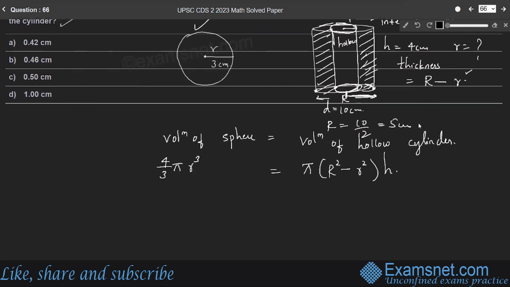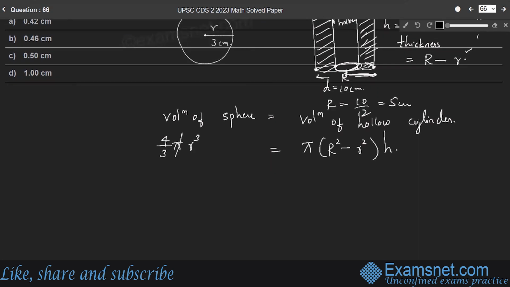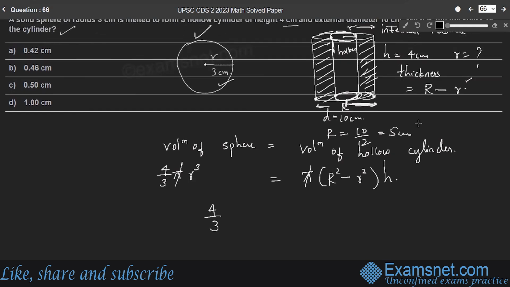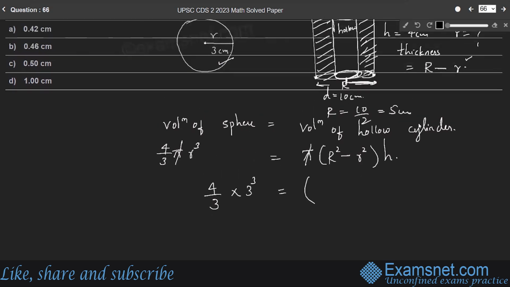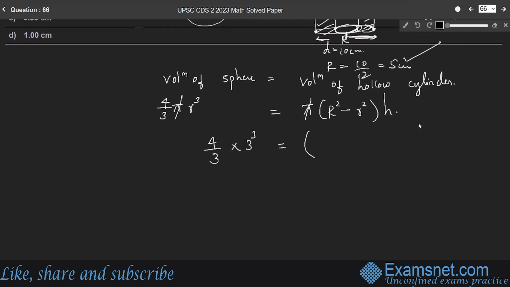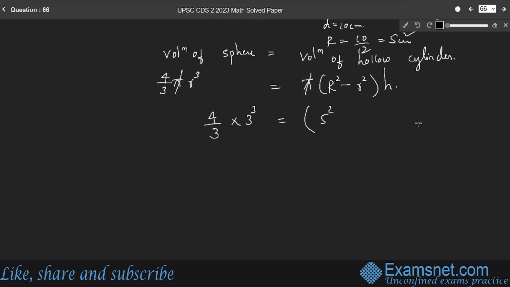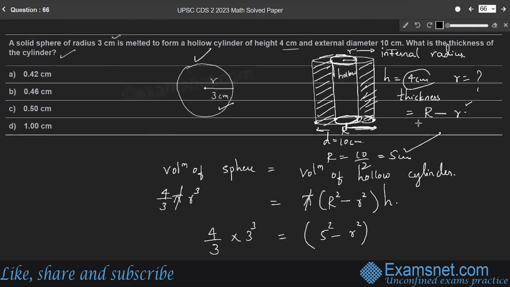Let us substitute the values. Here pi and pi will get cancelled. 4 by 3, r cube is the radius of the sphere cube, which is 3 centimeter, 3 cube, is equal to the external radius 5 square minus small r square, into the height of the cylinder, which is 4 centimeter.